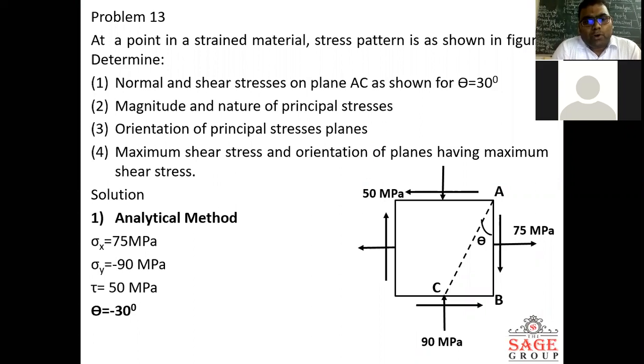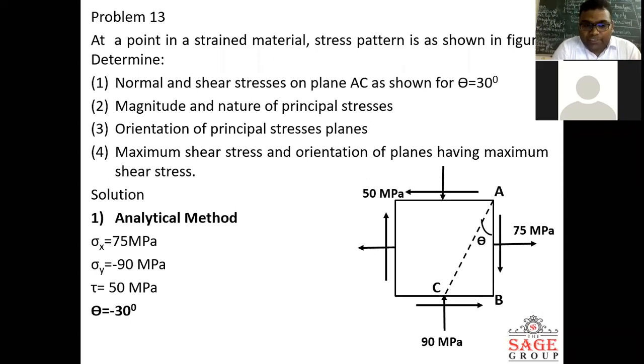Number one, normal and shear stresses on plane AC as shown in the figure, where theta is 30 degrees. Then the magnitude and nature of principal stresses and orientation of the principal stress planes. Then the last one is the maximum shear stress and orientation of the maximum shear stress plane.